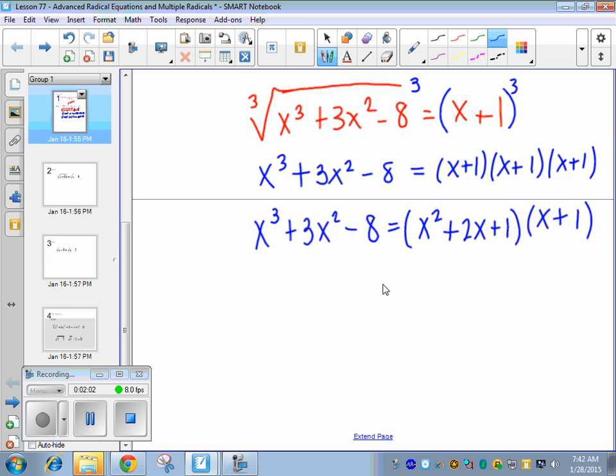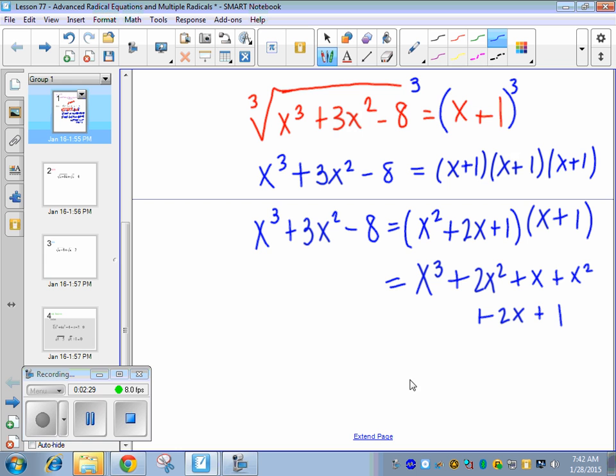Now we've got to distribute this x all the way through, and then the 1 all the way through. So when I distribute the x, we get what? X cubed. What next? Okay, what next? X. Alright, and when we distribute the 1, what do we get? X squared plus 2x plus 1.